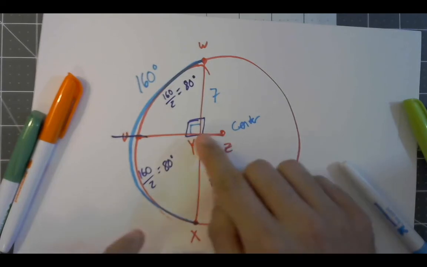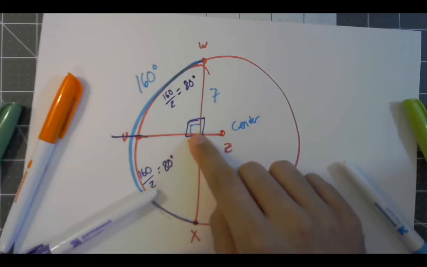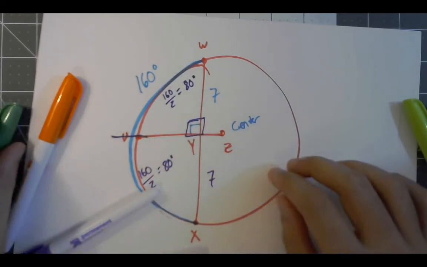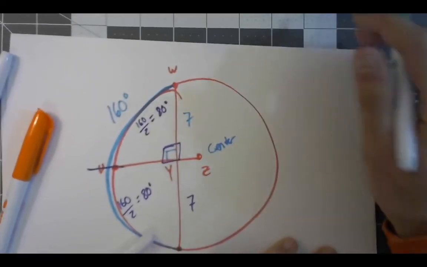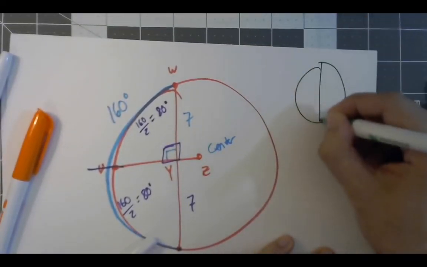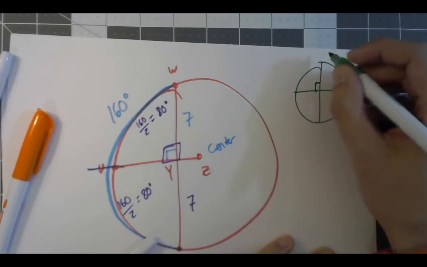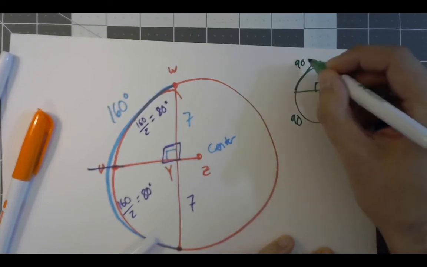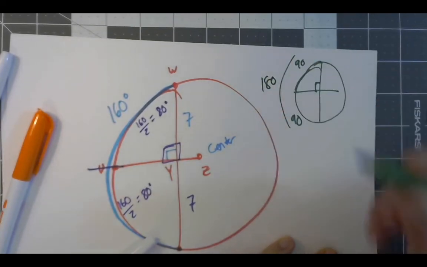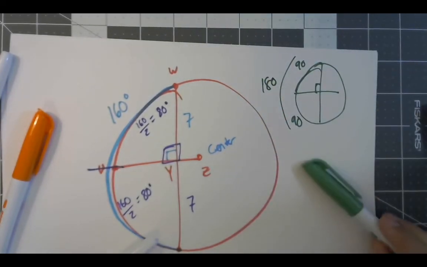Once again, because of our right angle, we cut that in half. You can see how that would work on a regular circle if we had a diameter and a radius. We know that this is 90, this is 90, and the whole is 180. So it's not very different.